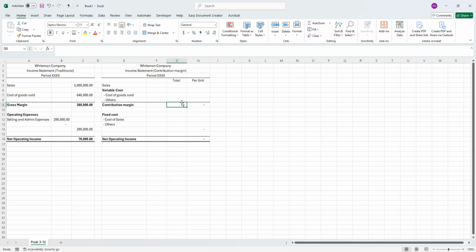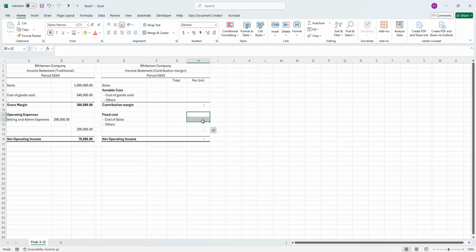Okay. And after you have that, we don't care much about the per unit because this cost is going to remain constant as a total. So we're going to look at the example, identify the fixed cost, and list them here. This item at the bottom remains the same regardless of how many units you have.